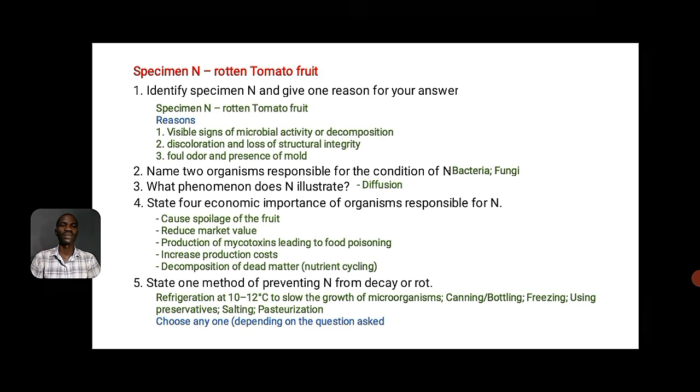Number 1, you refrigerate at 10 degrees centigrade to slow the growth of microorganisms. You can can it, you can bottle it, you have freezing, preservatives, salting, pasteurization. You can just choose any one depending on the question you are asked.